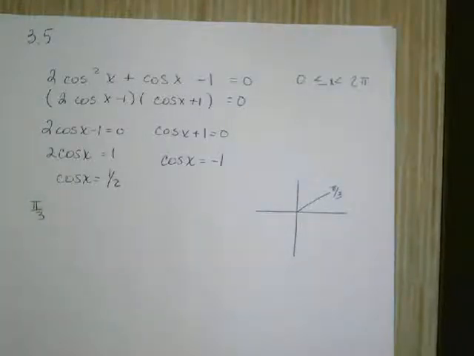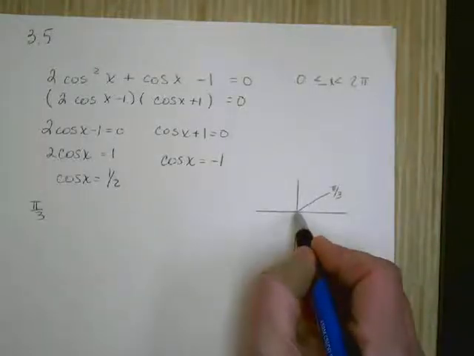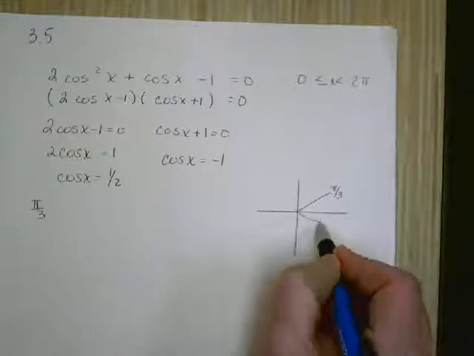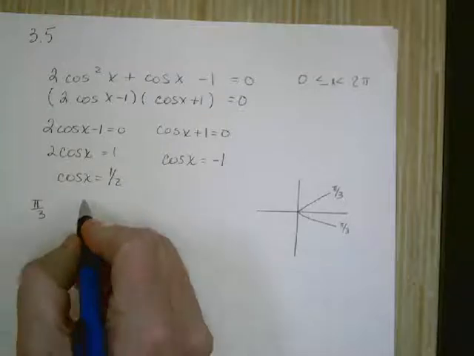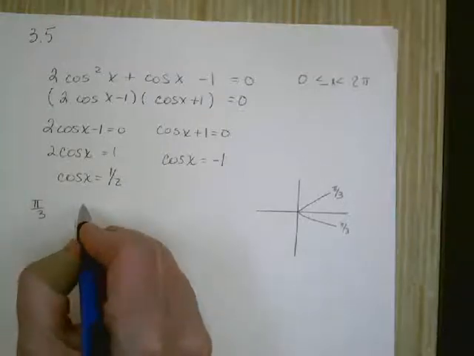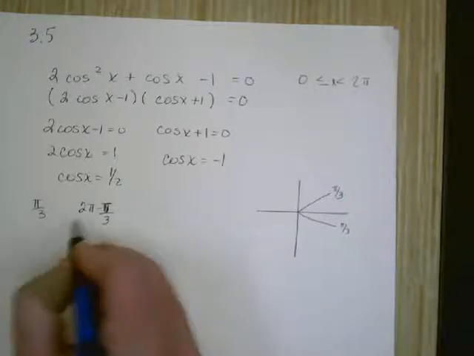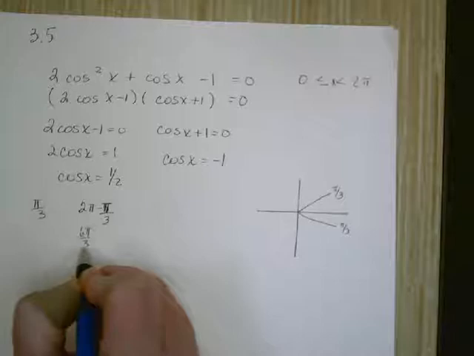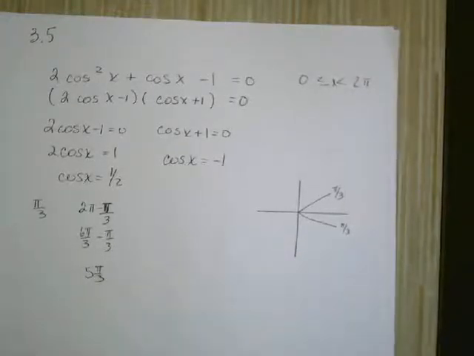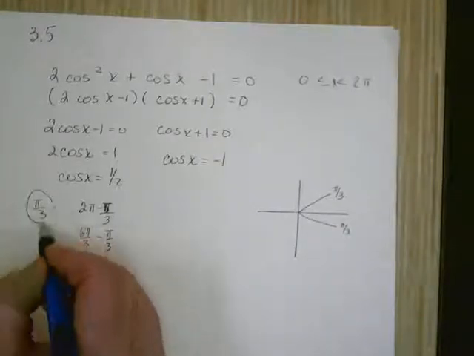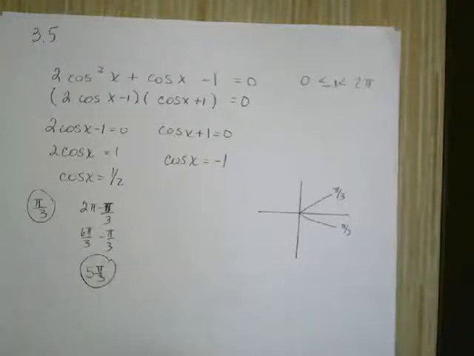And cosine will be negative here, so it's going to be pi over 3 short of 2 pi, which is going to be 2 pi minus pi over 3, which is 6 pi over 3 minus pi over 3, which is 5 pi over 3. So the solutions are pi over 3, 5 pi over 3.